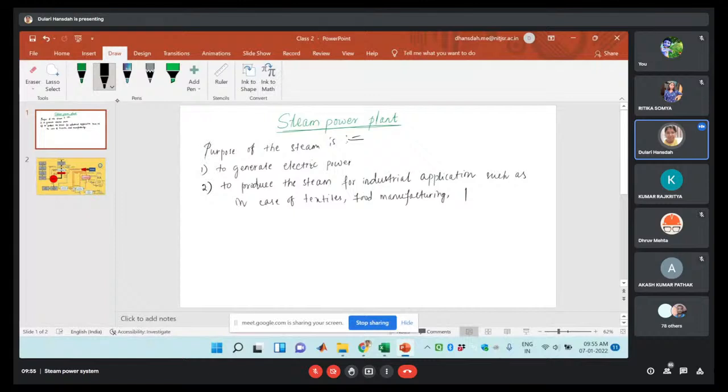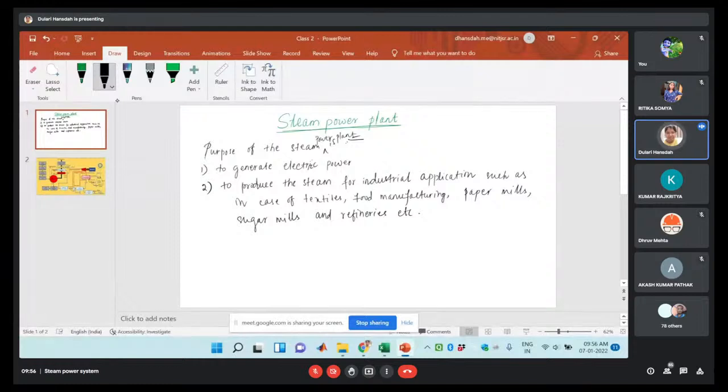Food manufacturing, paper mills. It's the purpose of your steam power plant: to generate the electric power. It is a heavy application in the generation of electricity.